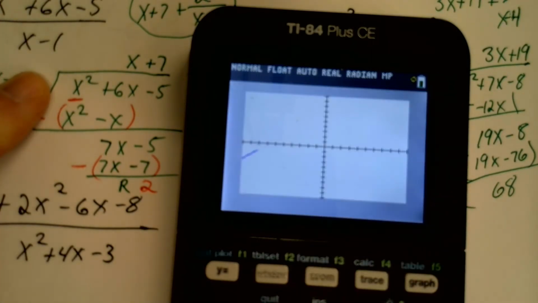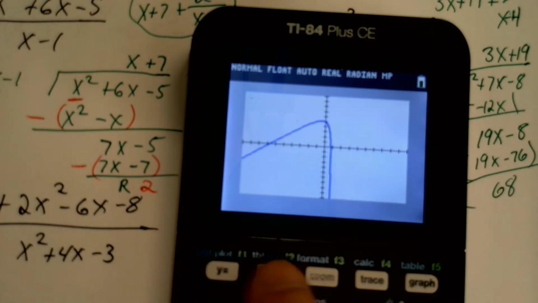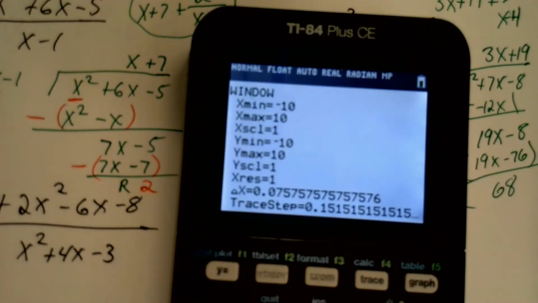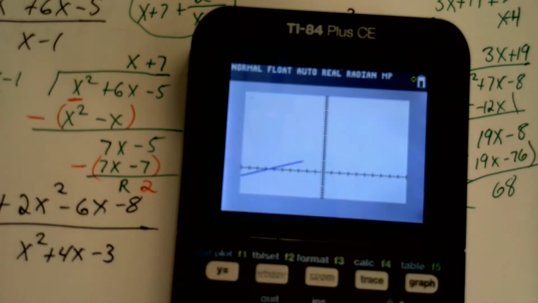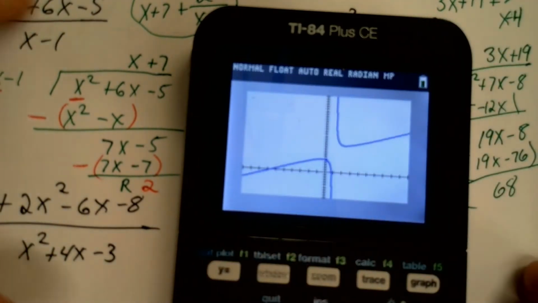Zoom 6. Okay, so this is this function, and you're like, whoa, is that really all it is? Actually, there's more stuff up there, so let me change my window. 30, I think 30 will show it. There we go. So this is what my graph looks like when I do this polynomial expression over here.